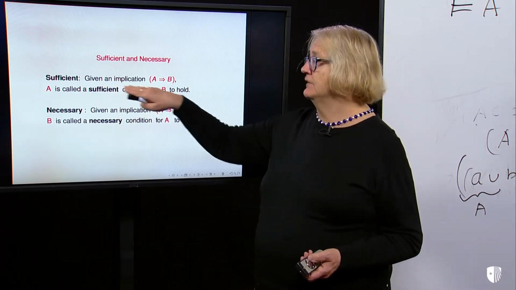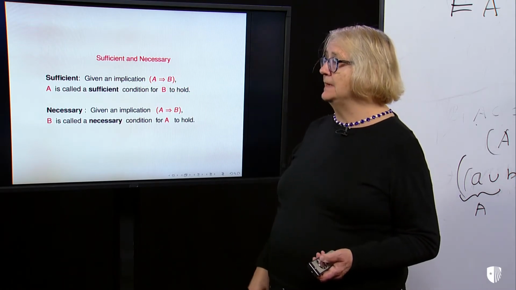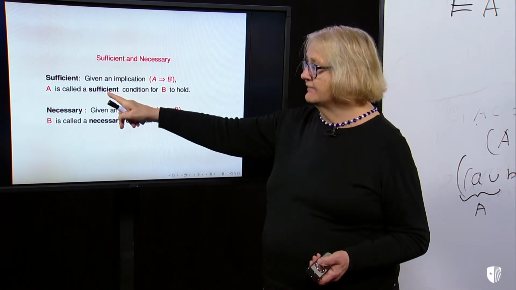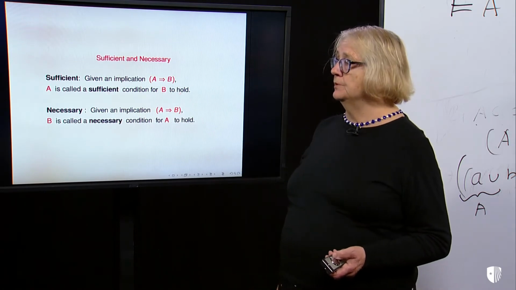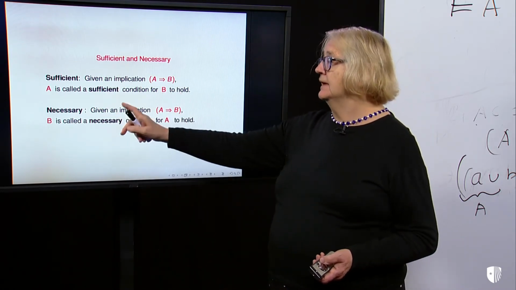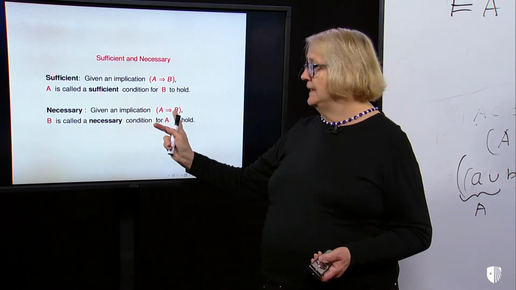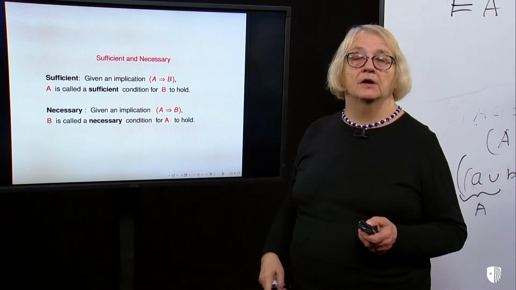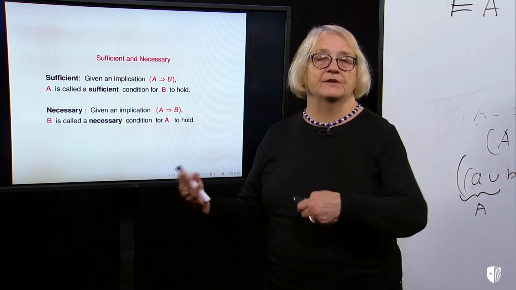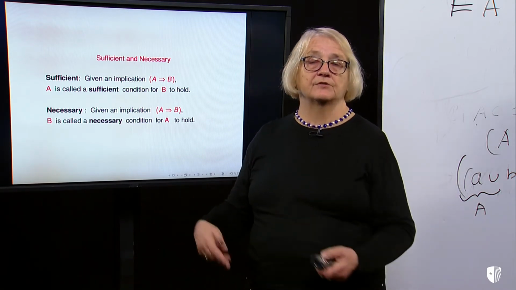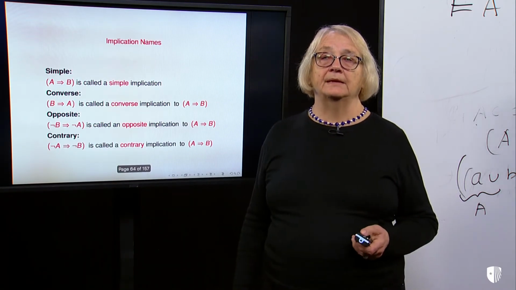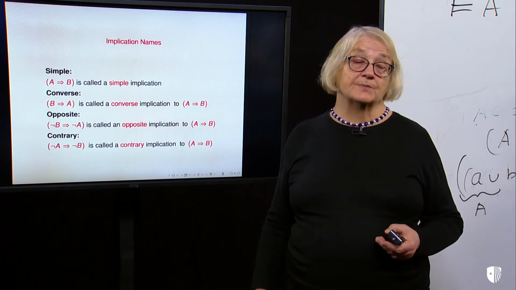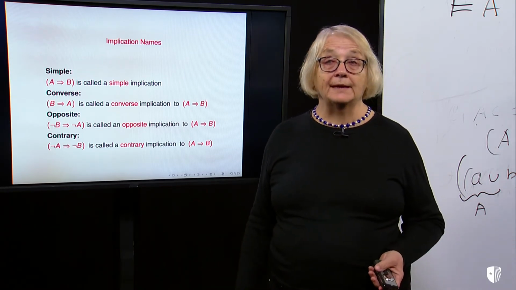So sufficient, given an implication A implies B, A is called sufficient condition for B to hold, and given the implication, B is called necessary condition for A to hold, because you talk about sufficient and necessary condition, so here we spelled it out. And also implications, because implication is a very important connective.